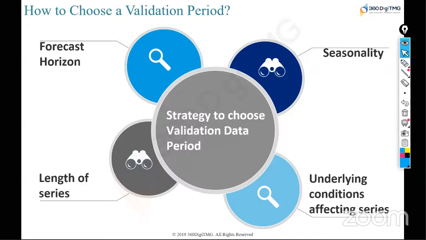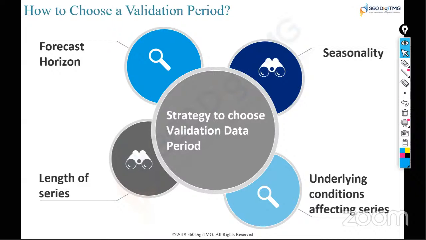Again, it will depend on the length of the series. If you have very long series data, say 250 months of data, and one complete seasonality is 12, then it doesn't make sense to have only 12 records in the validation period.